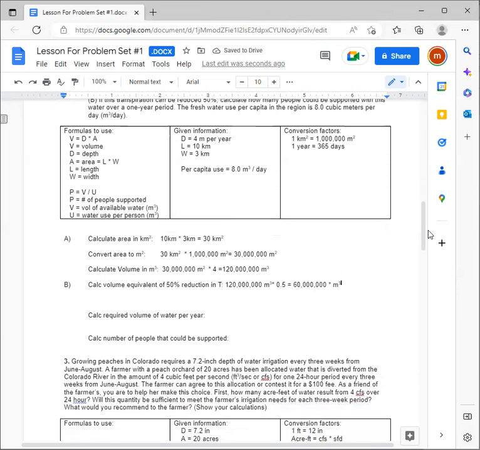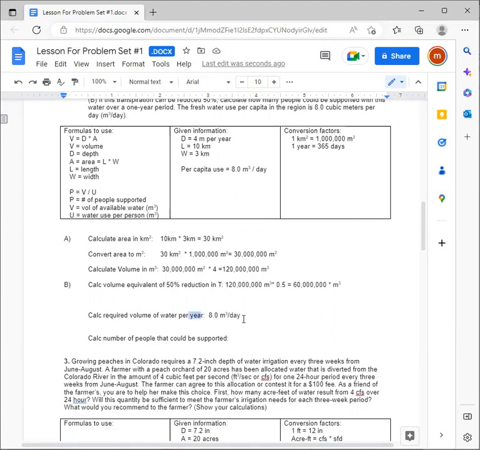So let's calculate the required volume of water per year. So we know that we have the 8 cubic meters of water use per day. And then we need to multiply that because we need to find out per year.